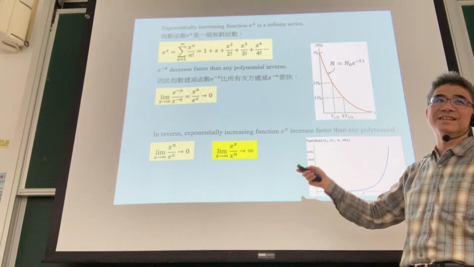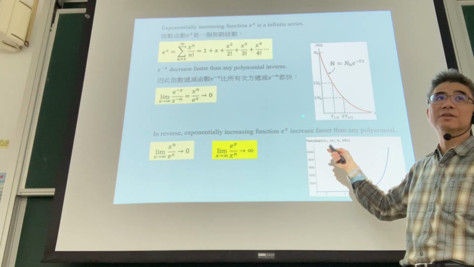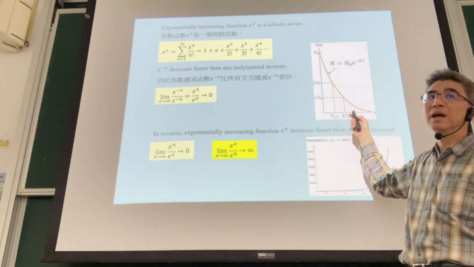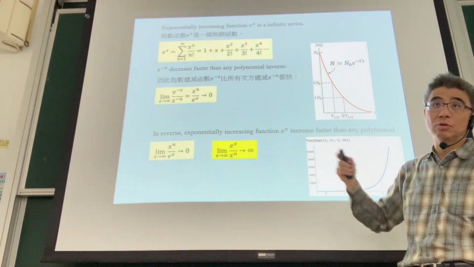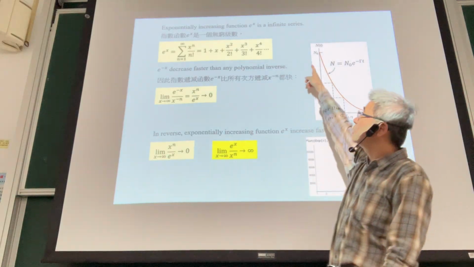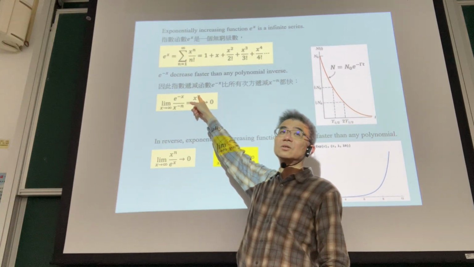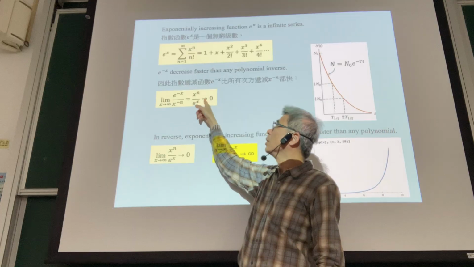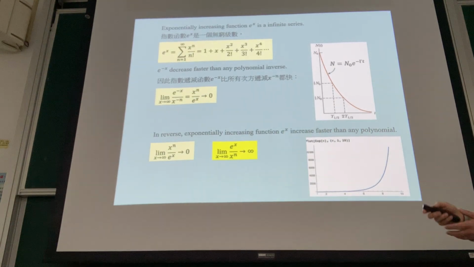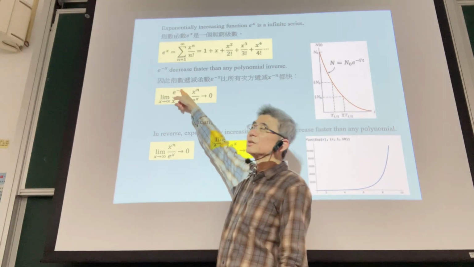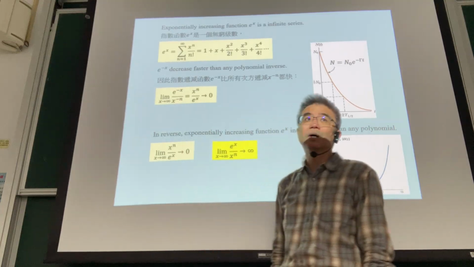So sooner or later, when x becomes larger and larger, we always have a term whose power will be larger than n in your question. Okay, 我永远一定会有一个项，它的次数比 n 要来得大。So when x approaches infinity, this thing always approaches 0. So that means e to the minus x decreases much faster than x to the n. Okay.